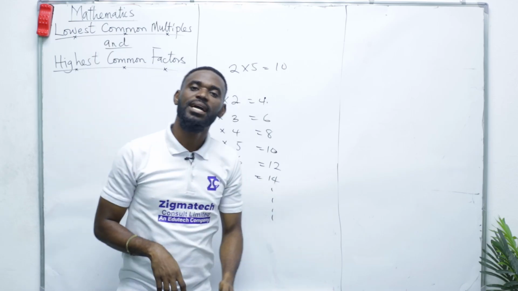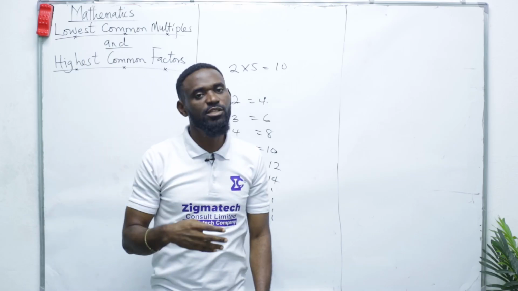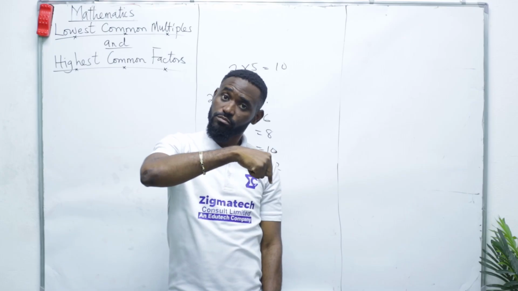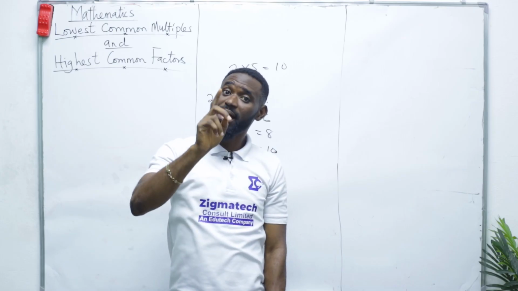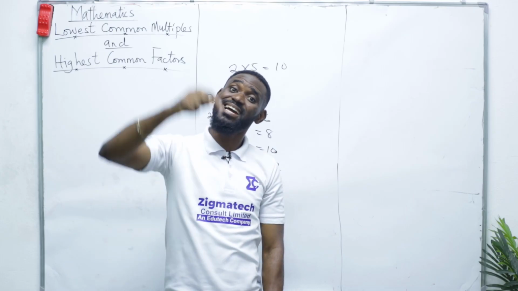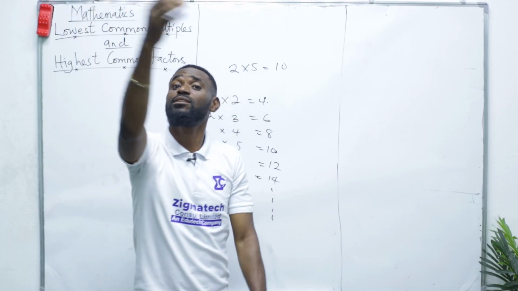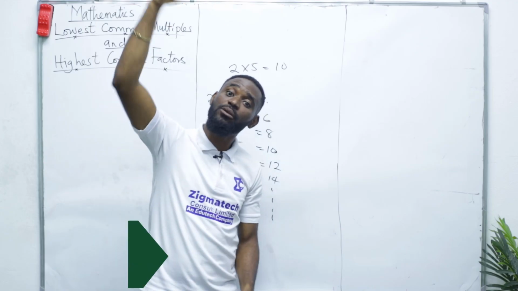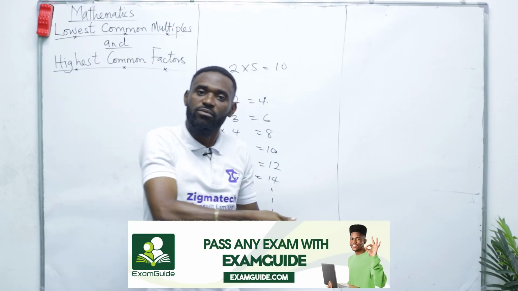So if 2 can divide 30, it means that 30 is a multiple of 2. Remember, in the case of multiples, it is the higher number that is the multiple of a smaller number.